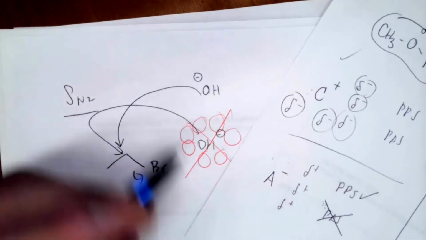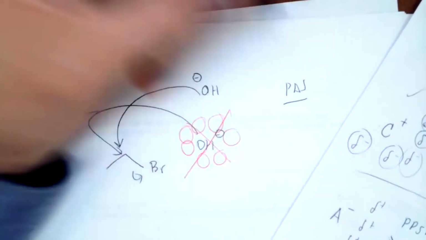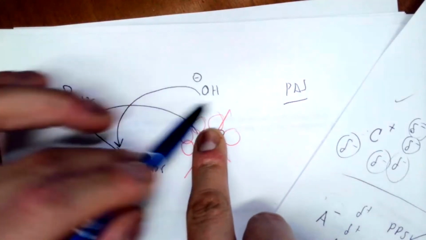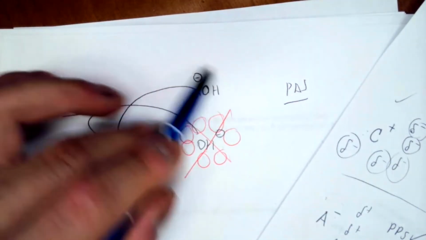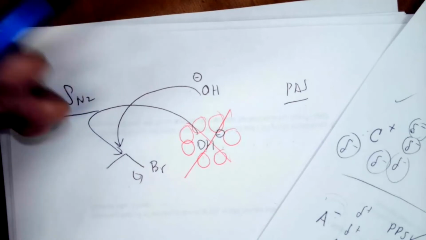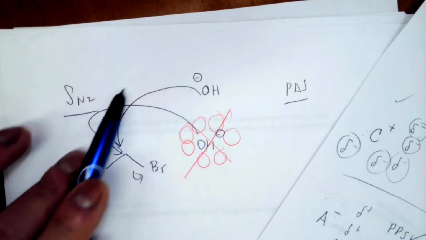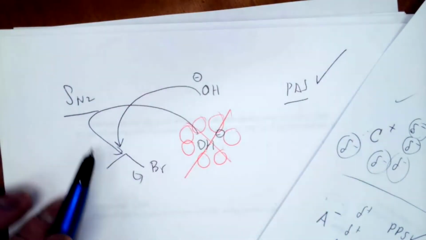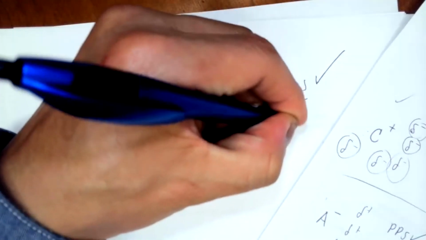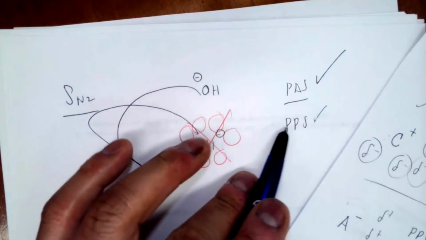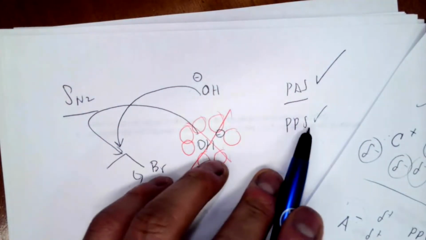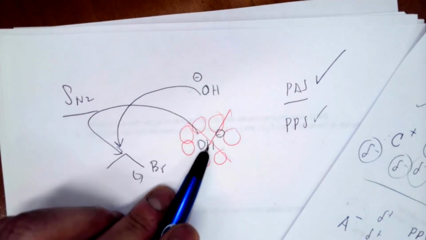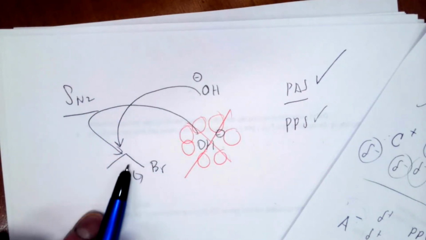What about PAS? PAS is great. Why? Because PAS will leave alone my anions. If the nucleophile is free, it can do the attack more efficiently. That's why PAS is good for SN2. And PPS is bad for SN2. If I put my nucleophile in PPS, it will immediately solvate it, so it won't be able to do the attack efficiently.